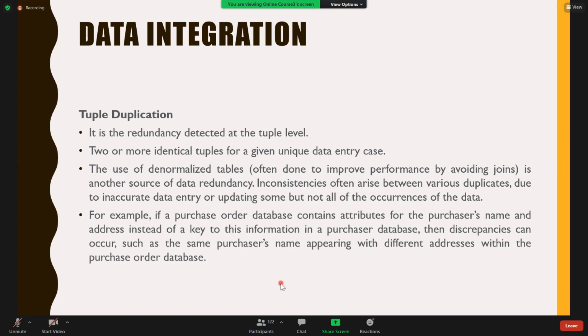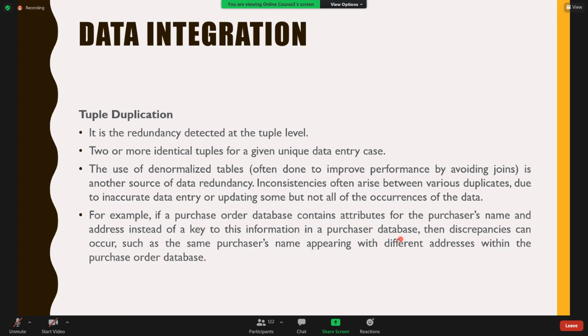For example, there is a purchase order database which contains the attributes for the purchaser name and address instead of a key to this information in a purchaser database. It means you have the purchaser name and address. If the purchaser's name is present at multiple locations, then a discrepancy can occur. You update the purchaser address at one location and you don't update the address information in another location. Then it leads to inconsistency, right?